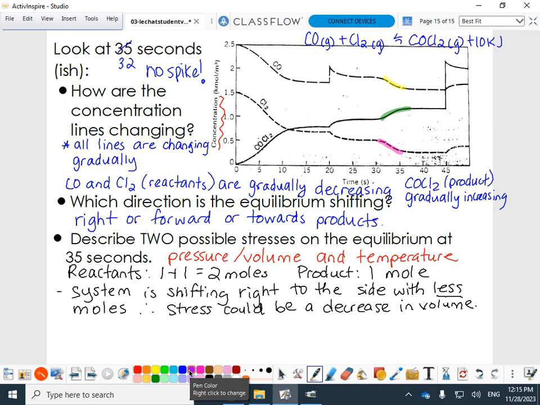So volume is sort of one that requires a little bit of knowledge or memorization. Less volume, the side with less moles. More volume, the side with more moles. Temperature is the one that requires the most brain power.